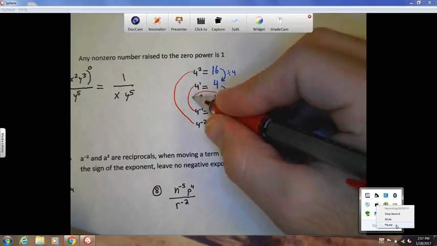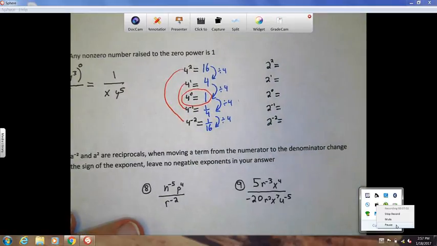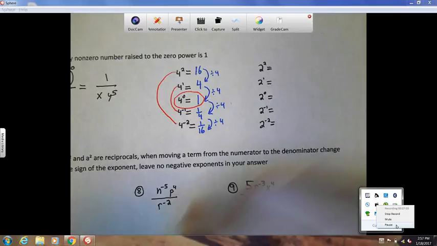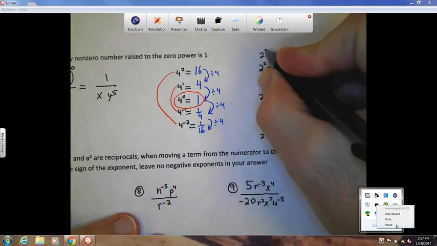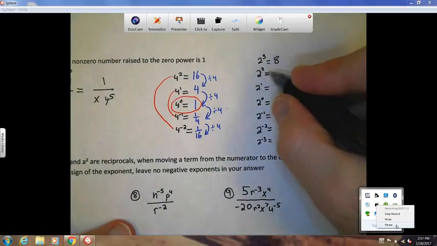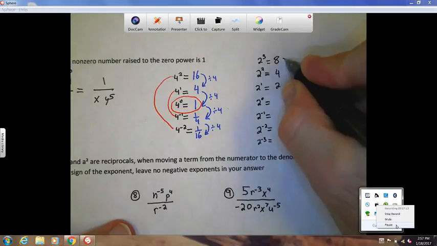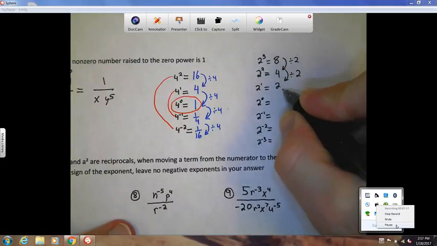Let's look at another example, and I'll even make it a little bit bigger. So we'll do 2 to the third is 8. This is 4, this is 2. So if I look at this, it's divide by 2, divide by 2. So 2 divided by 2 is 1.